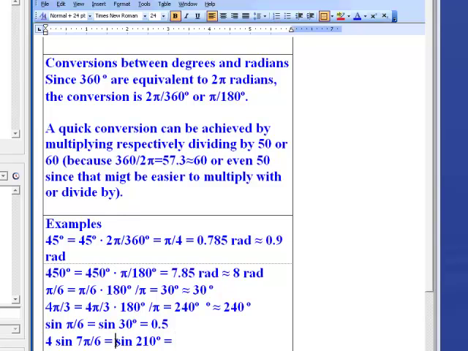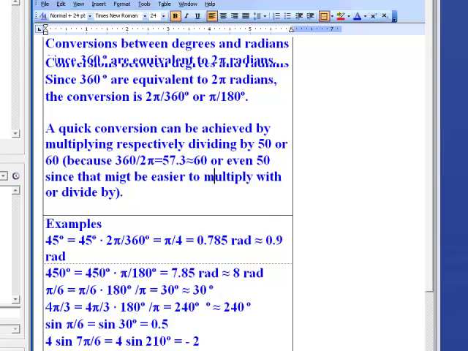Sine of 210 degrees times 4, the amplitude in the front. And so what we have is the reference angle would be 30 degrees. We know that is 0.5. We're in the third quadrant, so it's a negative 0.5. So we come up with a negative 2 for this one. Okay.